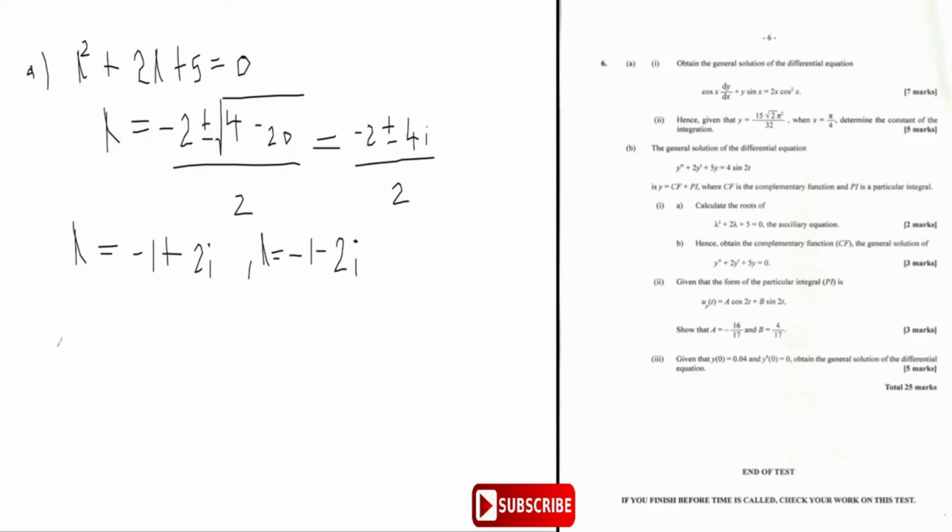The complementary function is given by e to the minus x, in brackets, a cosine 2x plus b sine 2x. That is now the complementary function.